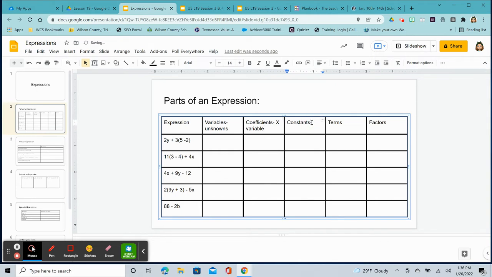Constants, they do not have variables. Terms are the parts of the expression being multiplied. And they are separated by addition and subtraction.